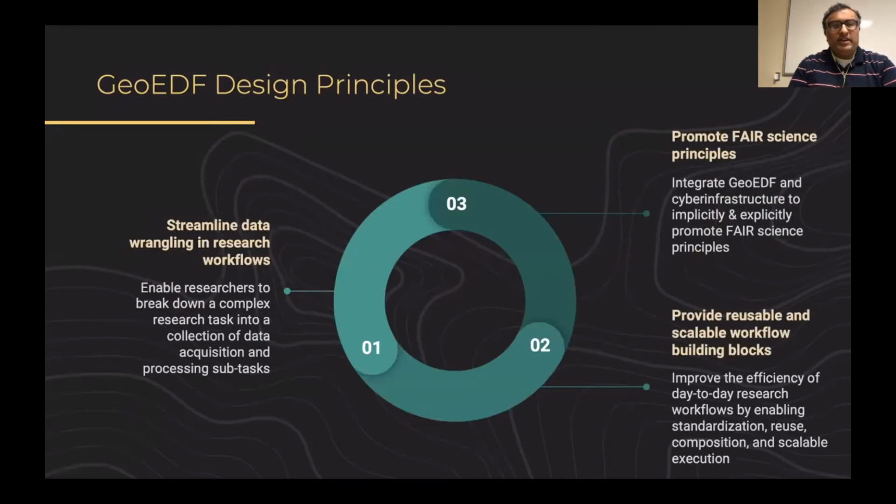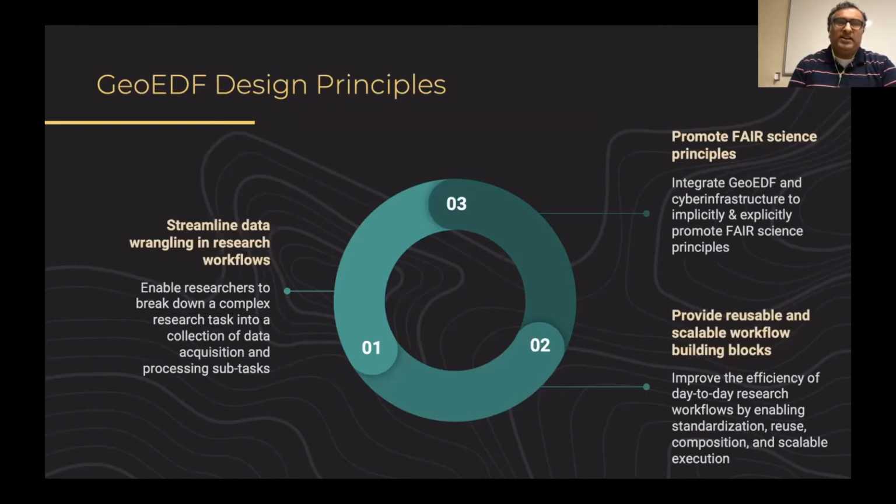So GeoEDF really has 3 key design principles, and this is what we use to operate and achieve the goals that I laid out in the beginning. So our first goal is to take a complex geospatial workflow and try to break it down into its constituent data access and processing steps.